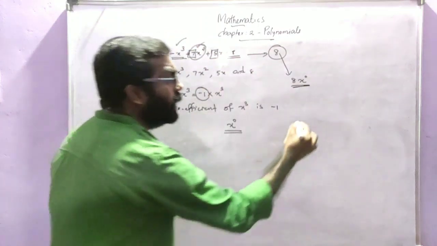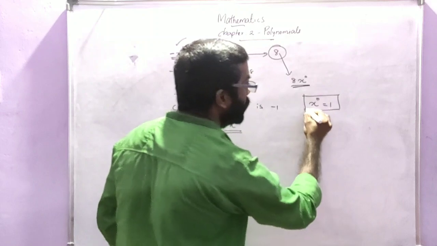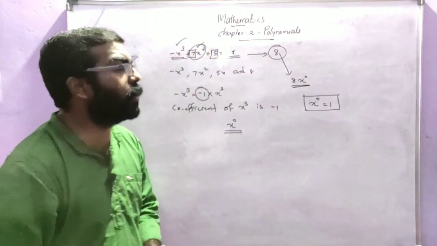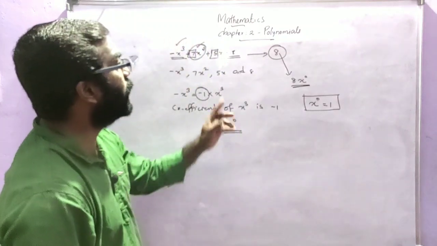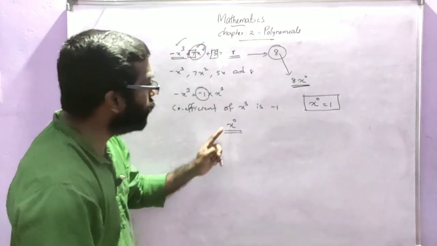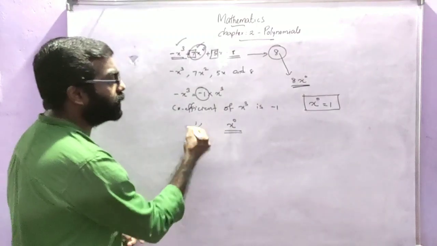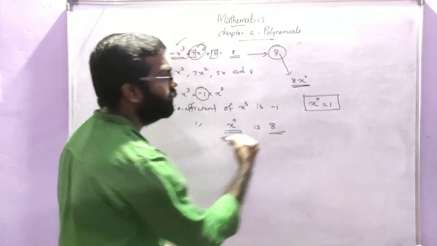As you know, x power 0 is equal to 1. Any non-zero number power 0 will be equal to what? 1. Okay, so using that we can rewrite 8 as 8 into x power 0. So the coefficient of x raised to 0 in this polynomial will be 8.